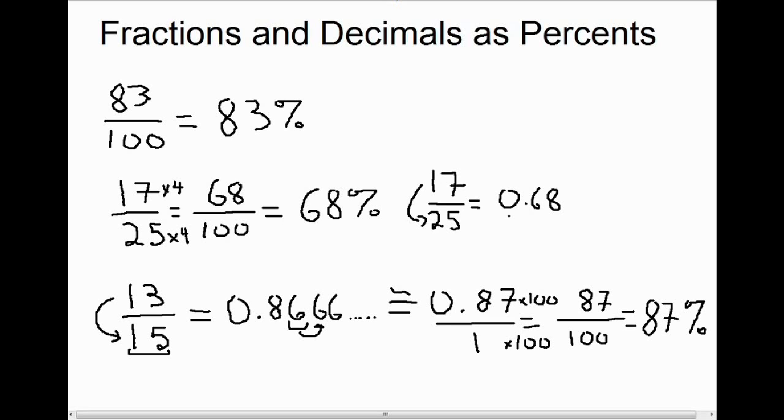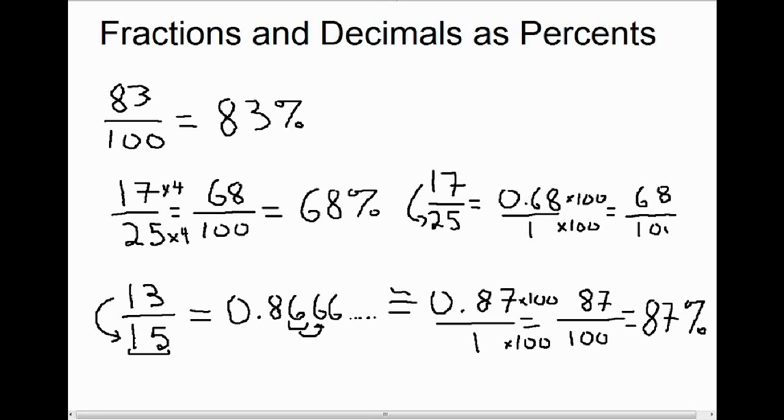Again, if we want to change that to a percent, we want it to be out of 100. Right now, it's over 1. Anytime we have a number and we want to write it as a fraction, we just put 1 in the denominator. We want to change that 1 to 100, so we have to times it by 100. So that's what we have to do to the numerator as well. And what we get is 68 out of 100, which is the same as 68%.